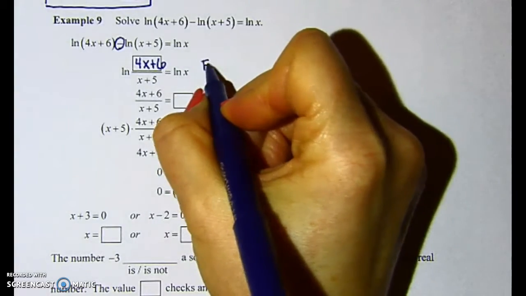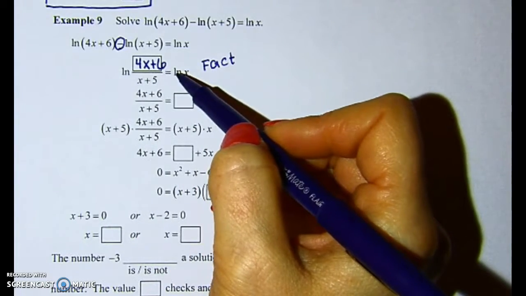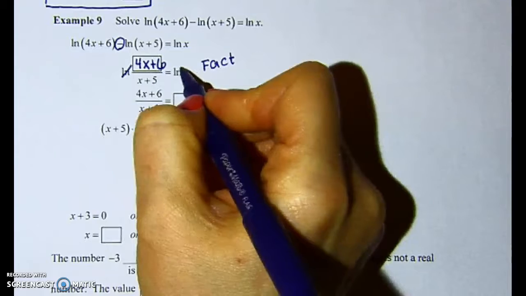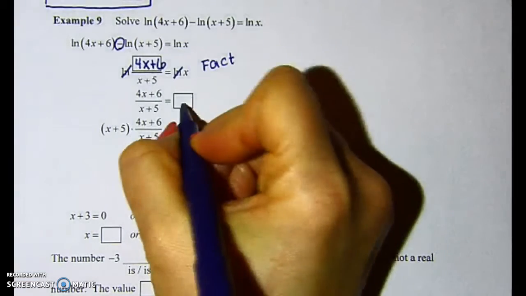We have a fact that if I have the natural log or a log and the bases are the same and they're equal to each other, ultimately these parts disappear. So I'm back on page 1 of our notes, leaving me with (4x plus 6) over (x plus 5) is equal to x.